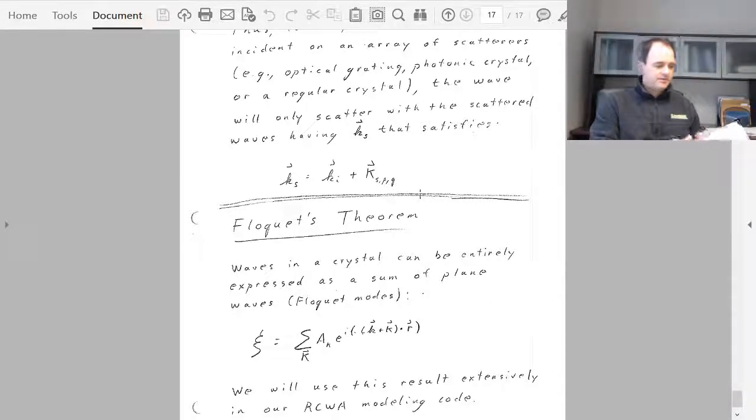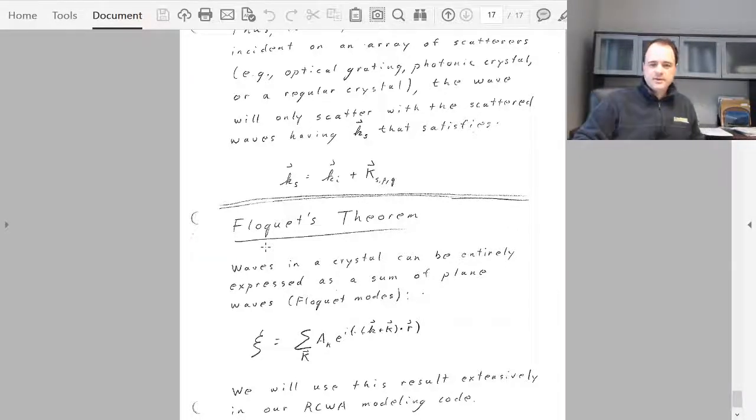And we get to the final thing that we need for moving forward. Because in the very next lecture, we're going to use this result in the form of Floquet's theorem.